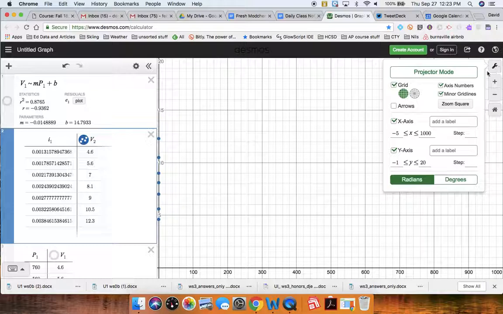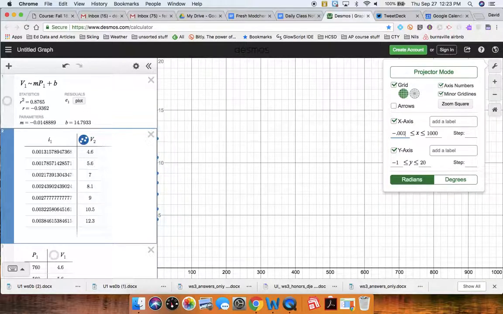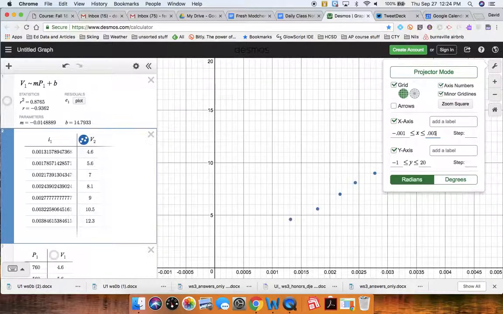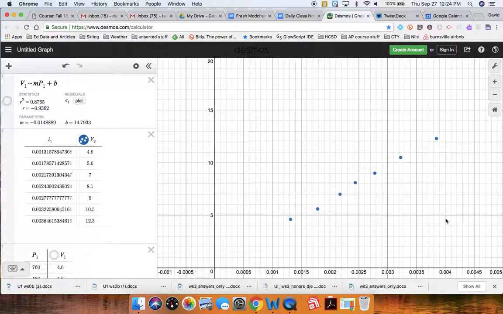I'll go to my graph settings, and my horizontal axis now, I'm going to make this range from about 0.001, just so the axis shows up. And going up to 1,000 is silly because my largest horizontal axis value is under 0.005. So I'll just make that my upper limit, and it fits on there a lot more nicely.